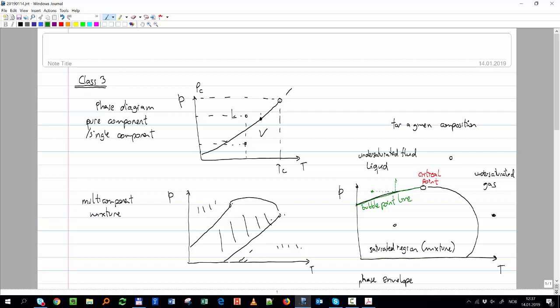Then the same thing happens with gas, but here what do I have in the gas side? In the gas side, let's say I have a gas, and then I reduce temperature, reduce temperature, reduce temperature until I start to get some condensation, some liquid dropping out of the gas, and that we call the dew point line.